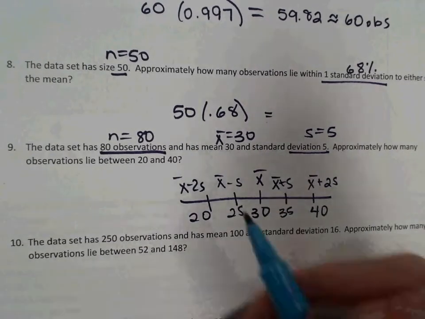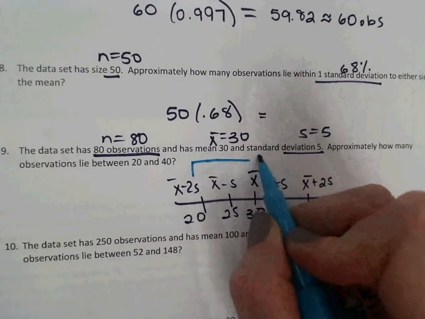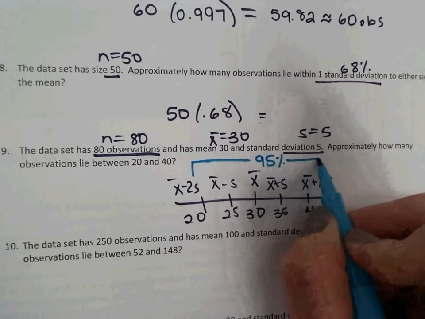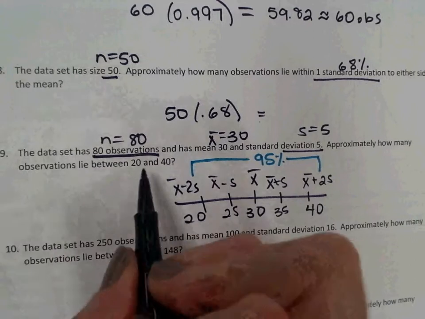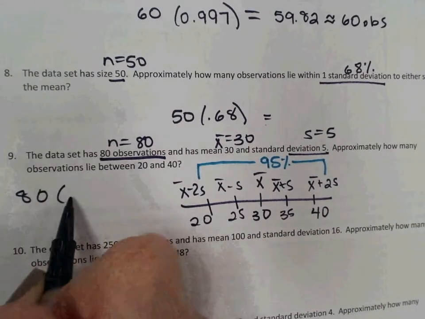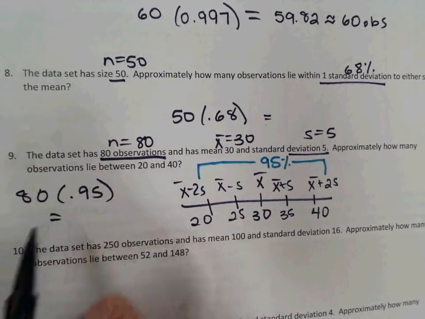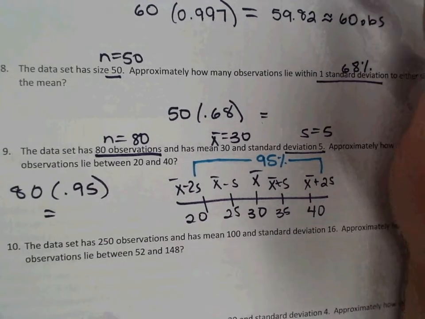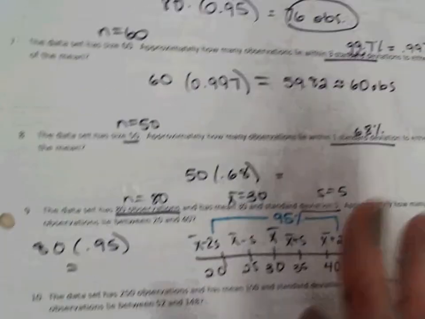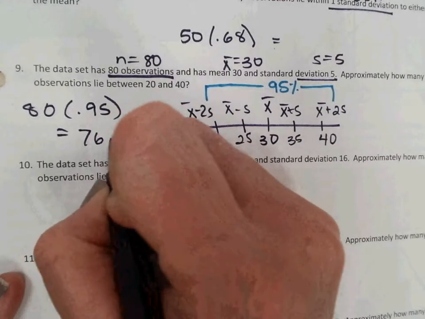So that's 2 standard deviations from the mean, which is 95% of the data. We'll multiply 80 times 0.95, which we actually just did in the question above, and we got 76 observations.